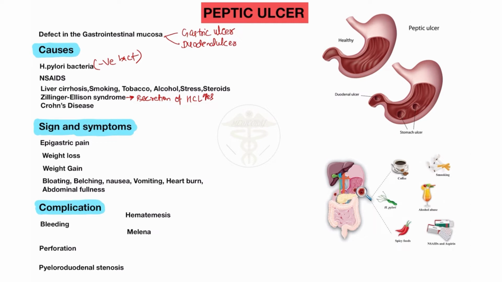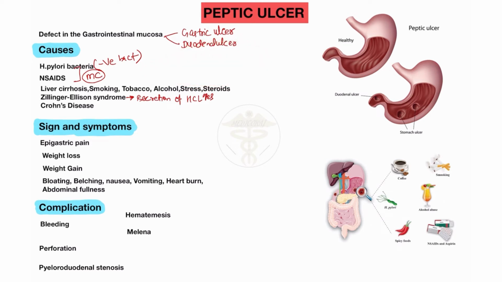But in the examination, mostly the two main causes of peptic ulcer are the Helicobacter pylori bacteria or NSAIDs. You all know pharmacology: NSAIDs inhibit the cyclooxygenase enzyme, which causes the peptic ulcer.